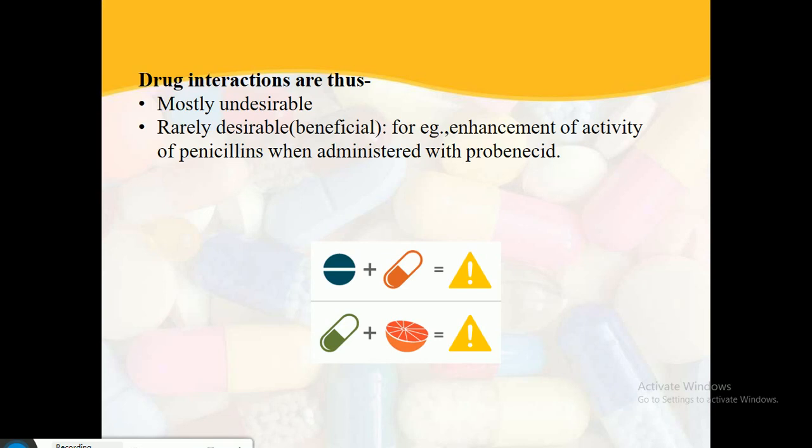So mostly they are undesirable; rarely they are desirable or beneficial. For example, there is enhancement of the activity of penicillins when administered with probenecid. I can give different examples of drug-drug interaction, which I will discuss later.